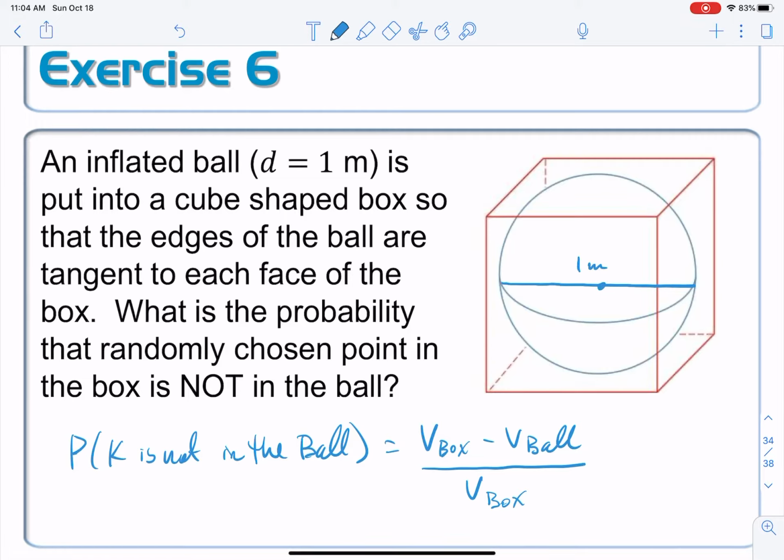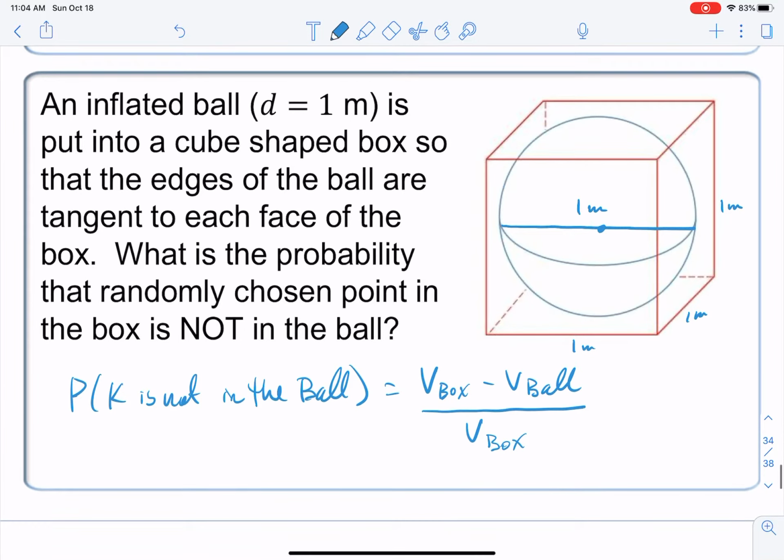Well, that of course means that the box here is 1 meter by 1 meter by 1 meter, because the ball fits snugly into that box so that it's tangent to each of the faces, touching at a single point. It would touch right there, right there, and so on. This also means that the radius of this sphere is 1/2 of a meter. All right, now we have enough information to find our volumes.